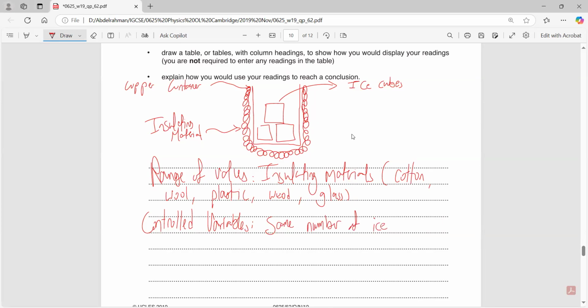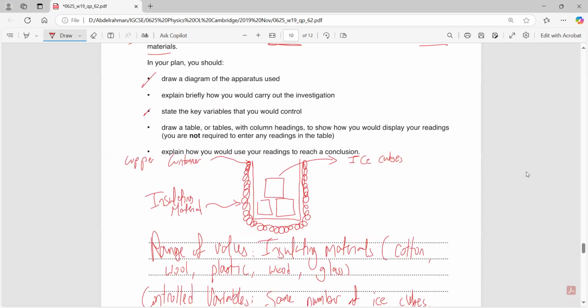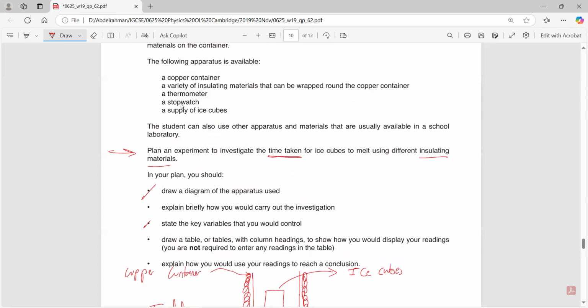You can also say same room temperature. Yes, these are the controlled variables. I don't need to add any additional apparatus. Why? Because he's already given me a thermometer and a stopwatch. That's all you need for this experiment.